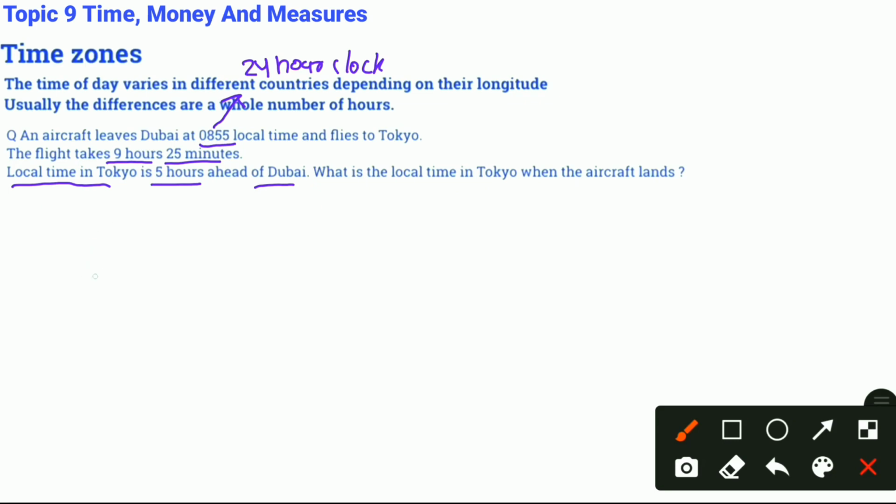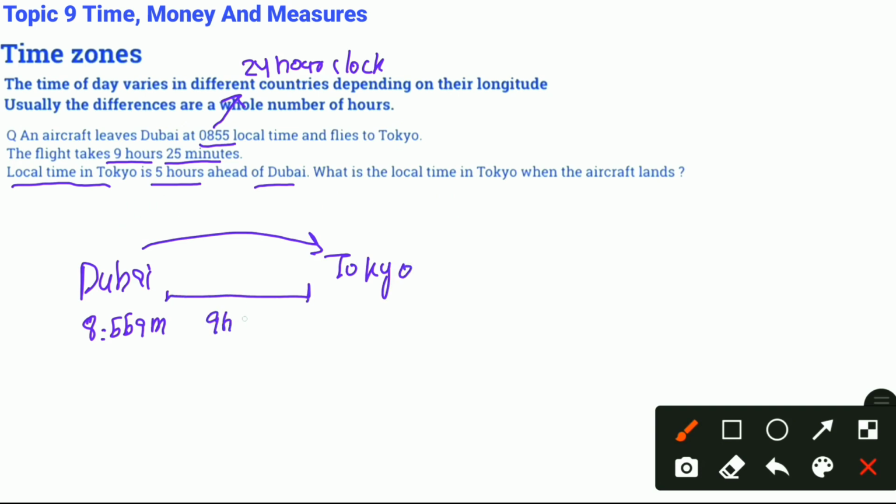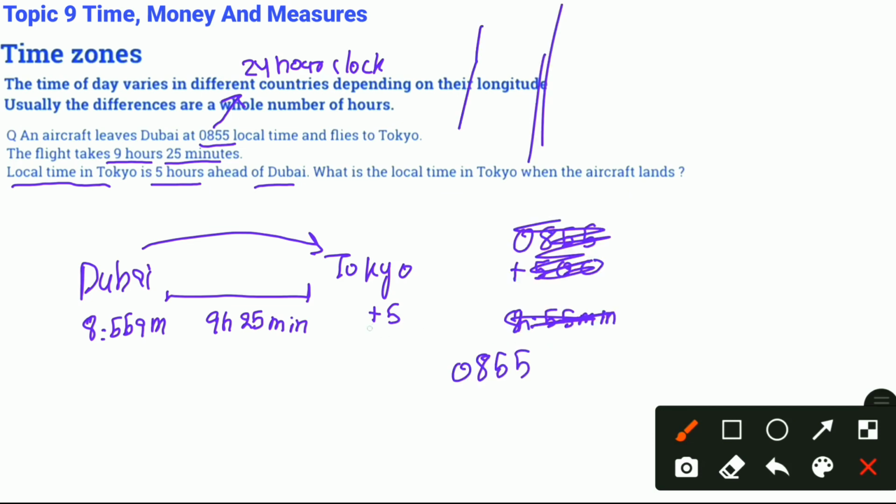So we are going from leaving Dubai at 8:55 a.m., flying to Tokyo. The flight takes 9 hours and 25 minutes. The local time in Tokyo is 5 hours ahead of Dubai. So you do plus 5 and it's going to be 13.55.